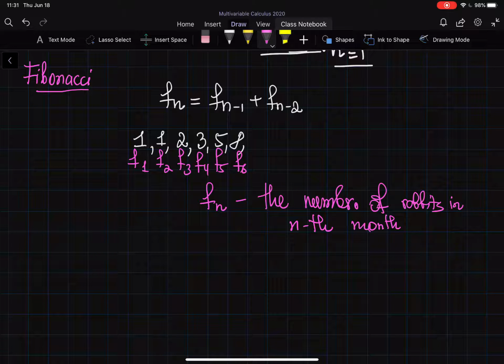So if I would like to know, for example, how many rabbits I'm going to have after 12 months or 24 months, I just need to calculate Fn, for example F12 or F24.